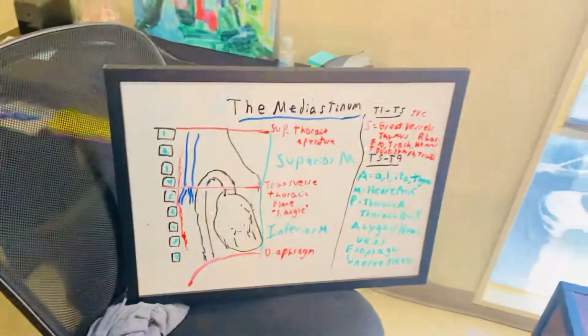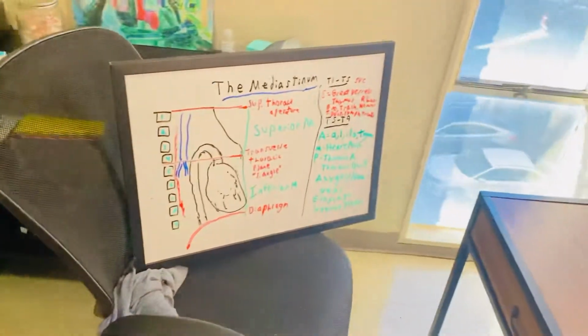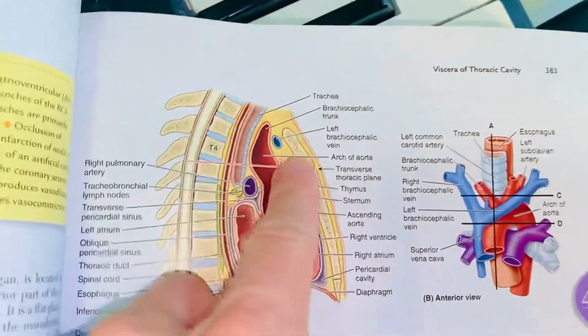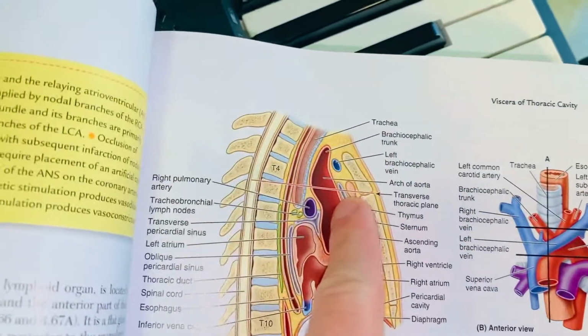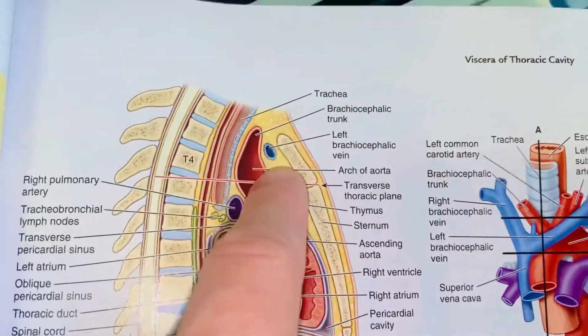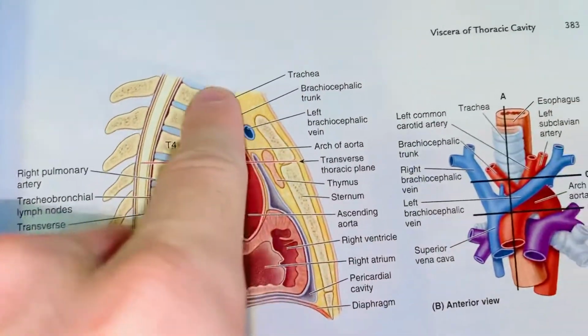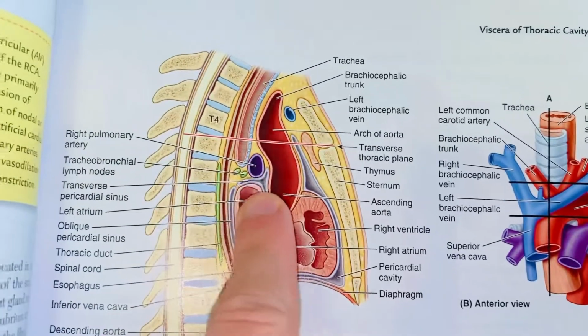Now, if we go anterior to posterior, what are the structures we'll find in that order? First we'll find our thymus. Remember I said the thymus is in there, right behind the sternum. Posterior to that are our veins, like the left brachiocephalic vein. Posterior to the veins, you're going to find the arteries: the arch of aorta, brachiocephalic trunk, and our pulmonary artery.